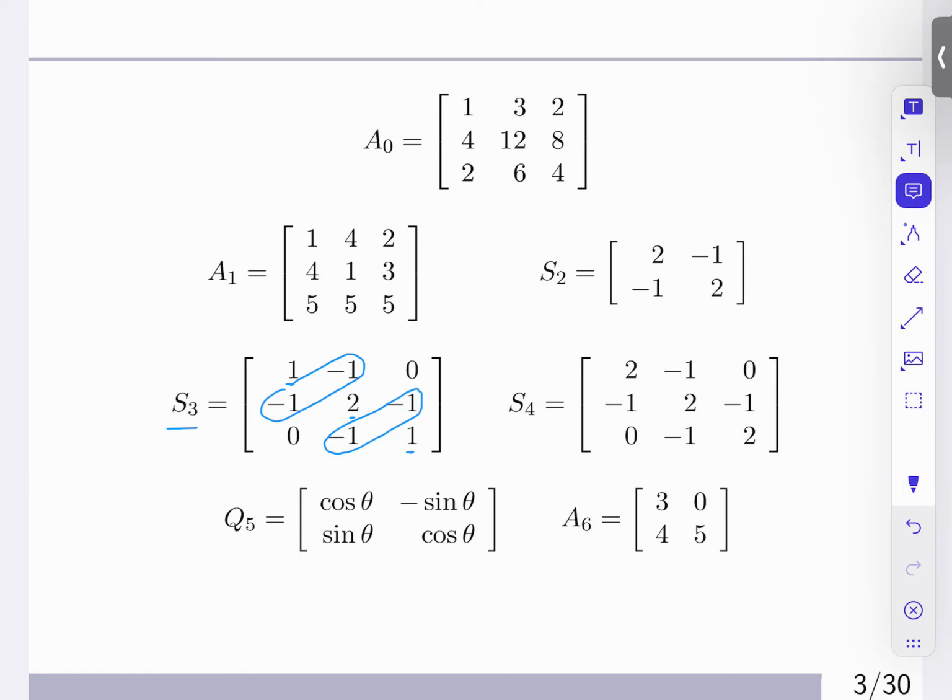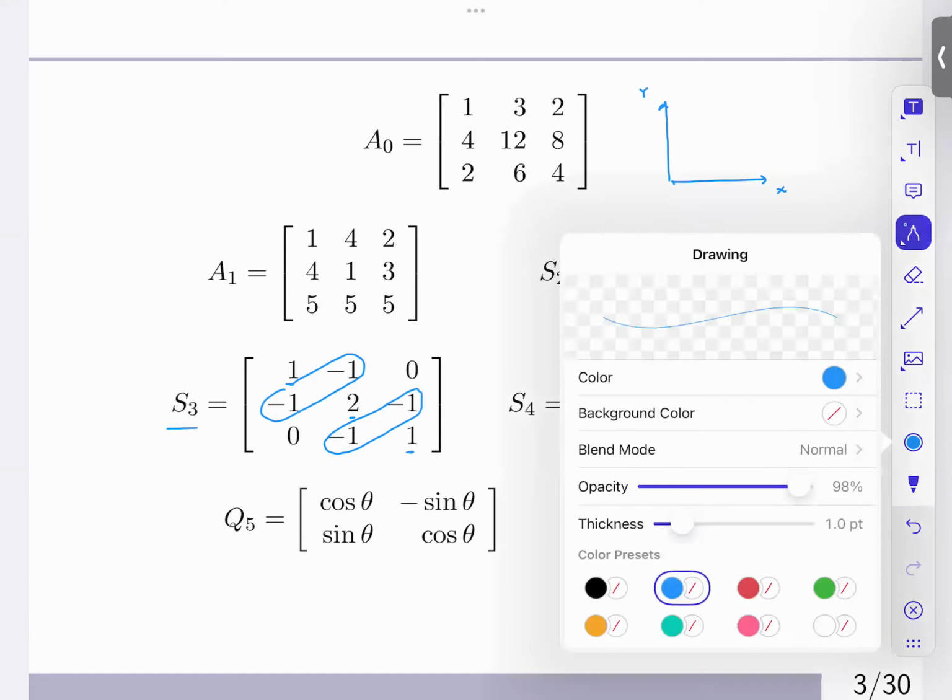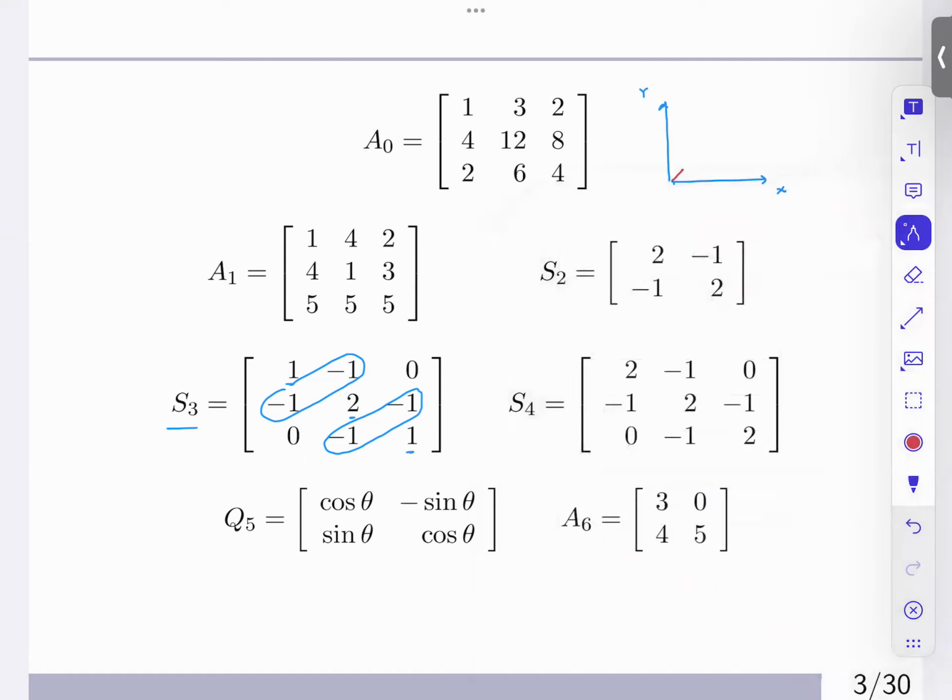Let me give you a very simple example. Imagine that I have x and y axes. When I draw any vector here, I can find its component on x and its component on y.